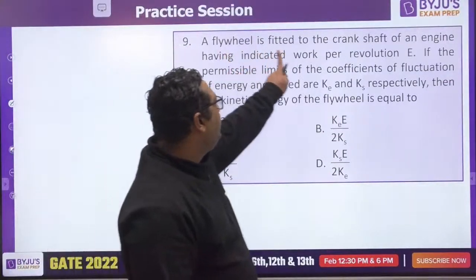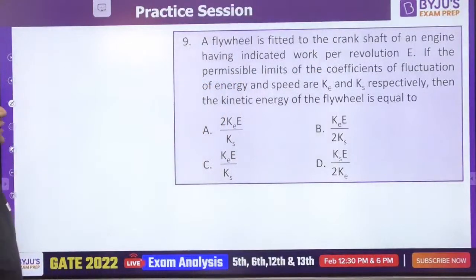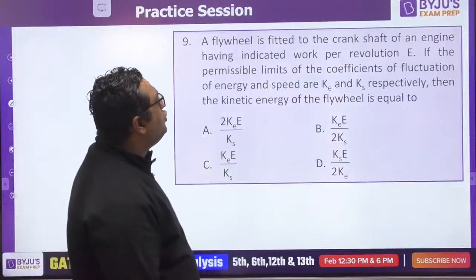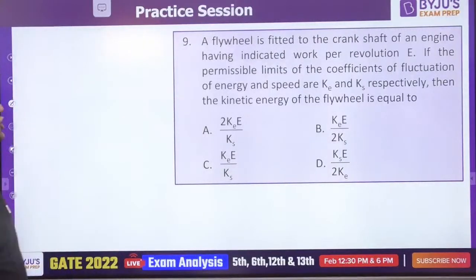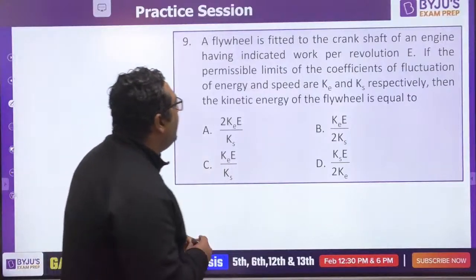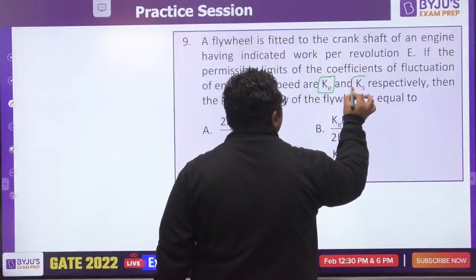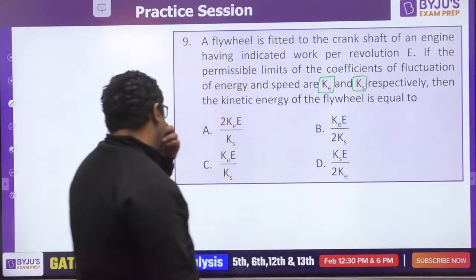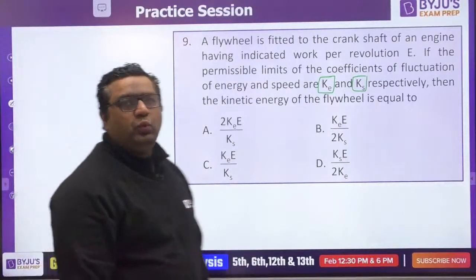A flywheel is fitted to the crankshaft of an engine having indicated work per revolution as E. If the permissible limits of the coefficient of fluctuation of energy and speeds are Ke and Ks respectively, then the kinetic energy of the flywheel is equal to what?